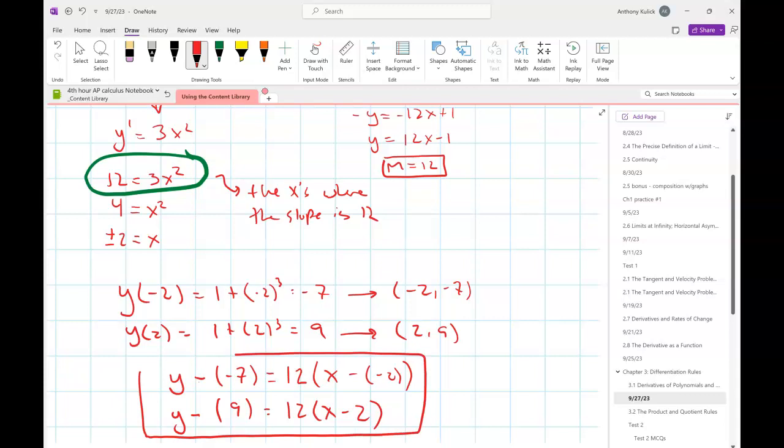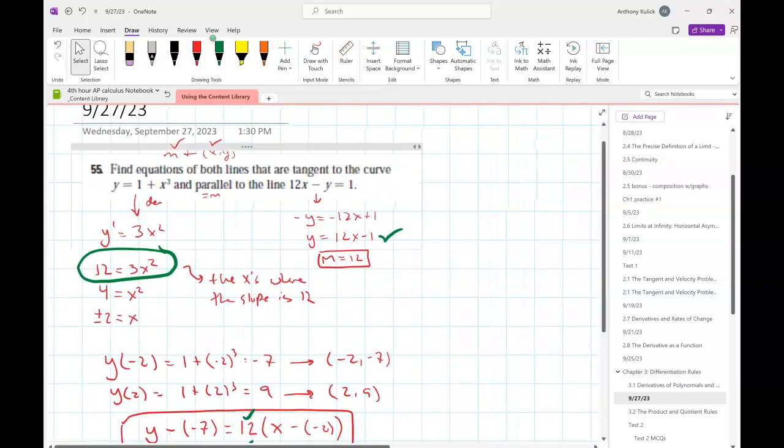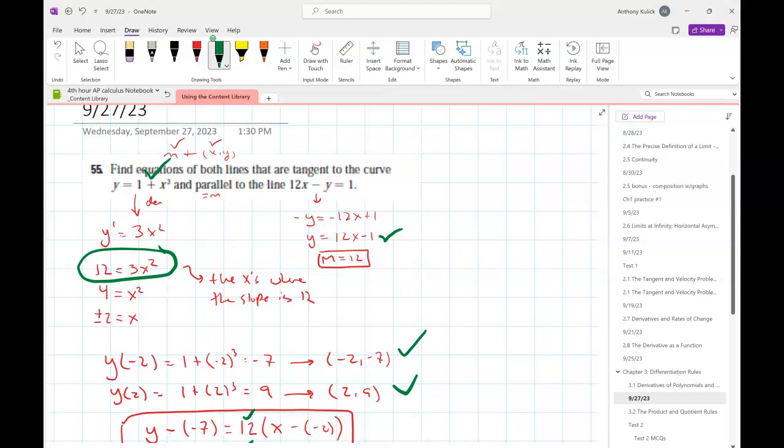So if we think about what we have, we know these lines are going to be parallel to this line because they have the same slope, right? And they're going to be tangent to this one because the point that we found on y has the slope of 12. Is everybody okay with that?